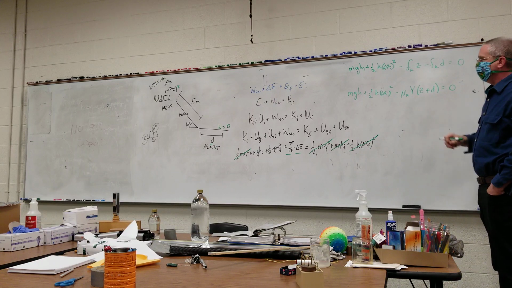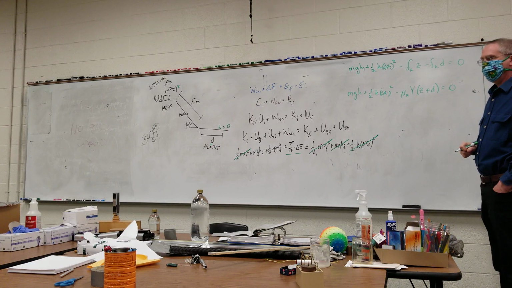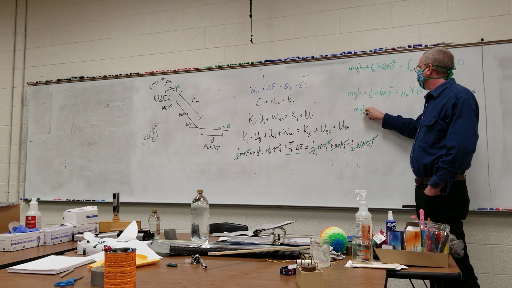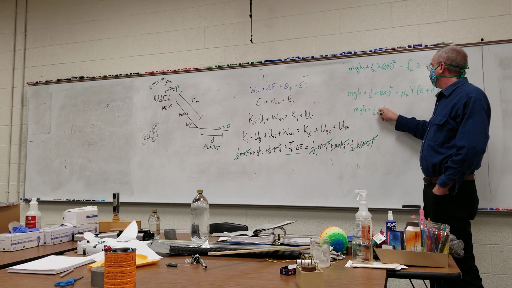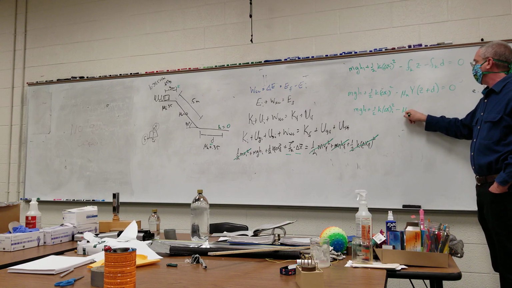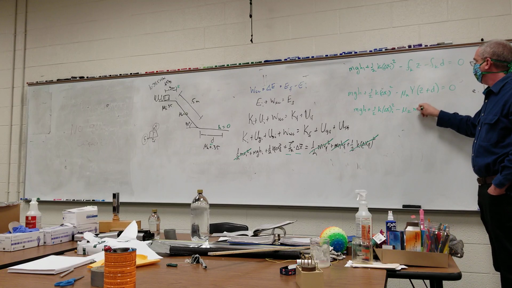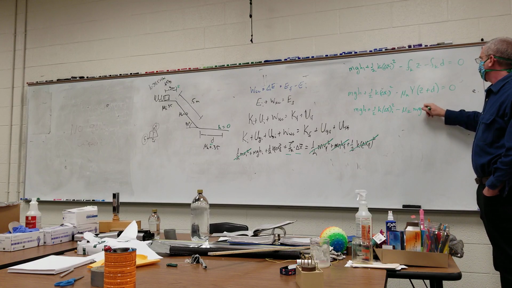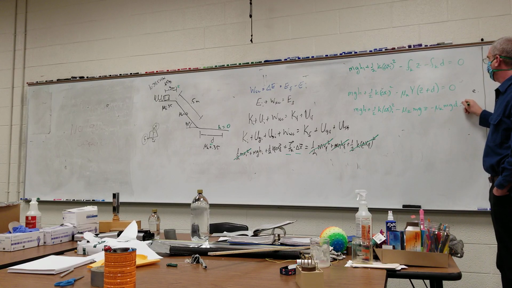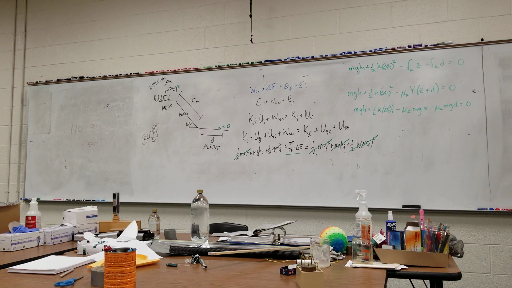And then in this particular case, we have mgh plus 1/2 k delta x initial squared minus mu k m g Z. I guess I should keep them separate since I'm going to solve for d, minus mu k m g d. And so now we know everything except for d.